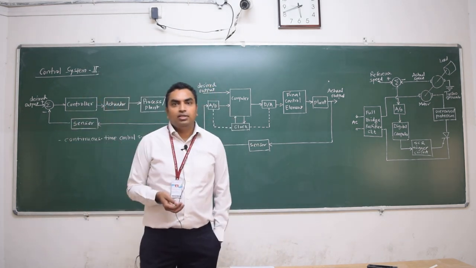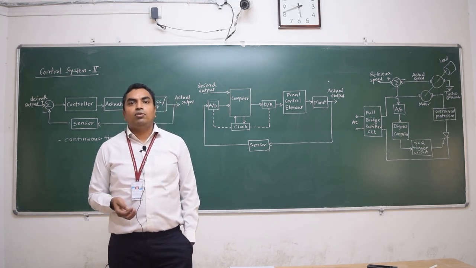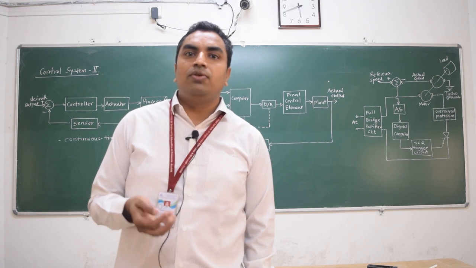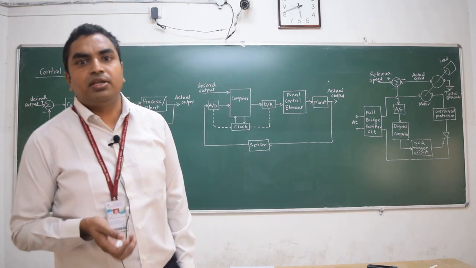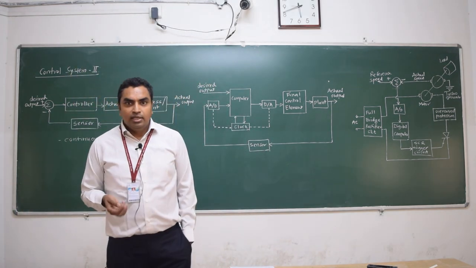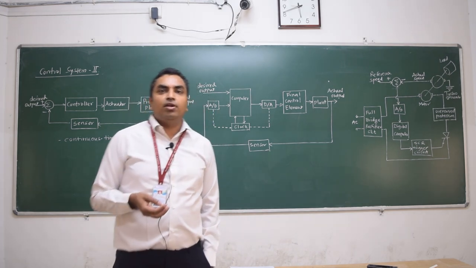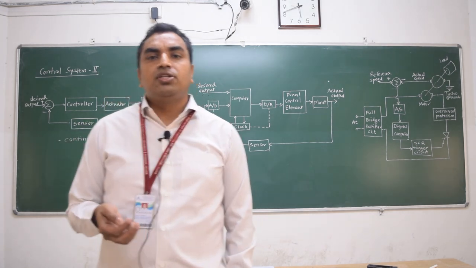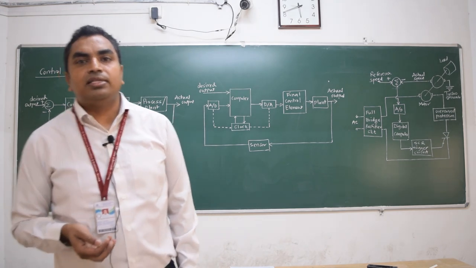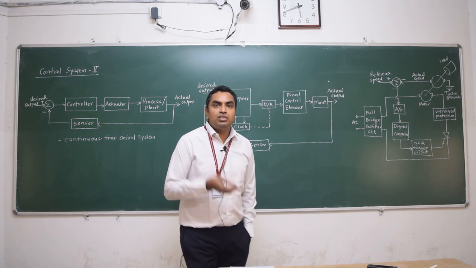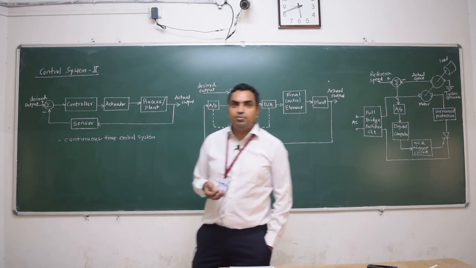After that, the next two units we talk about the frequency domain analysis. So whatever we covered in the earlier 3 units is related to the time domain specifications or time domain system. Then in the later 2 units, the discussion is more about the frequency domain analysis. So initially we talk about the relationship between the time domain specifications and frequency domain specifications.